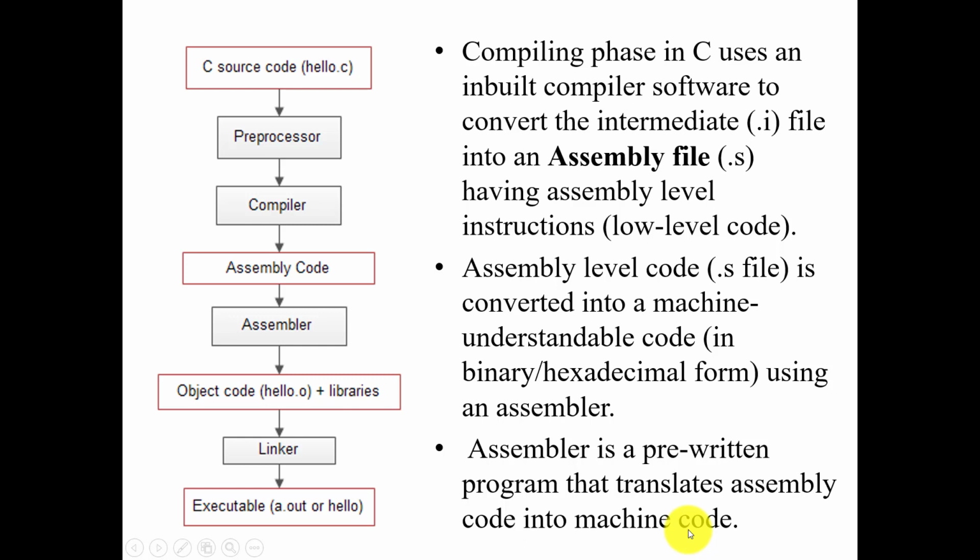Now the question is, why do we require the assembler here? Because different systems or different computers have different machine architectures, and we have to keep the compiler independent. For that purpose we require the assembler. The assembler takes the .s file and converts it to the object code, that is the .obj code.